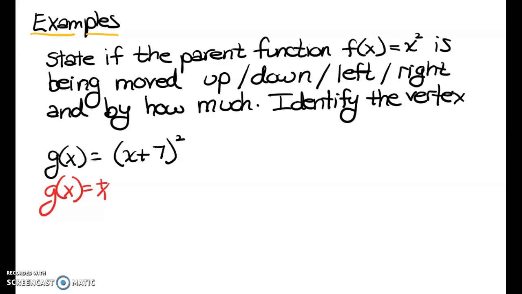Plus or minus x minus h squared plus k. I want you to notice that this lines up really nicely with the equation I have here. I don't have a k value, right? I have this guy hanging off here that should be added.